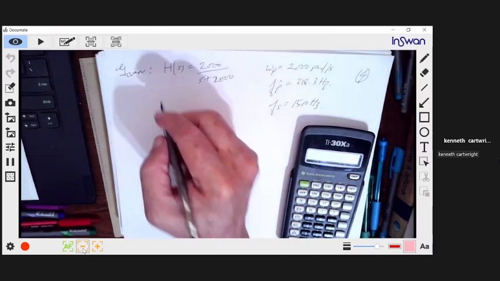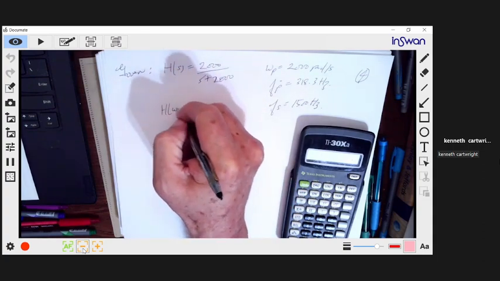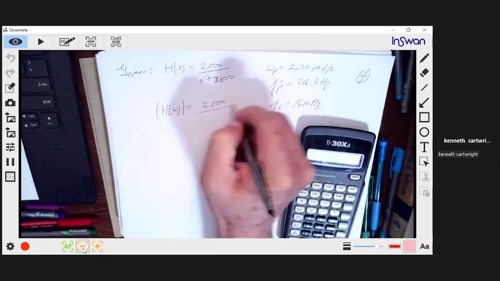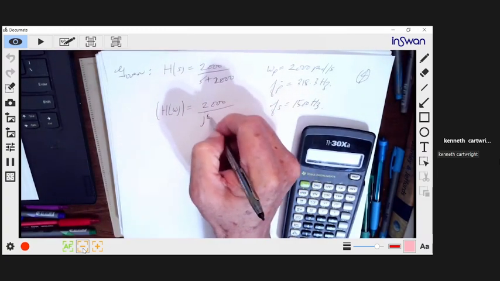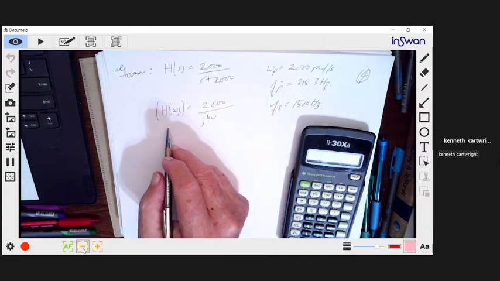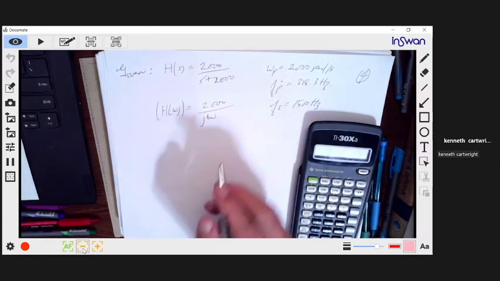From this, the magnitude of H of omega equals 2,000. The s is replaced by j omega. That's why it's now a function of omega, because the s has been replaced by j omega, like you must do when you're taking the frequency response.